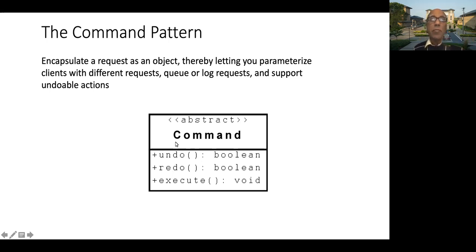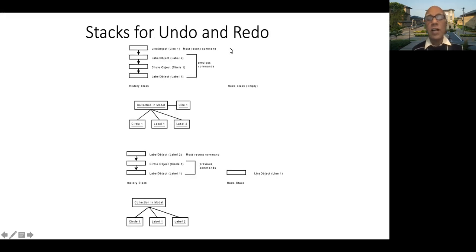So every command in the drawing program, like drawing a polygon or drawing a line, would have a corresponding command object. And here is how undo and redo are carried out. We maintain a stack called the history stack. It contains all the command objects.